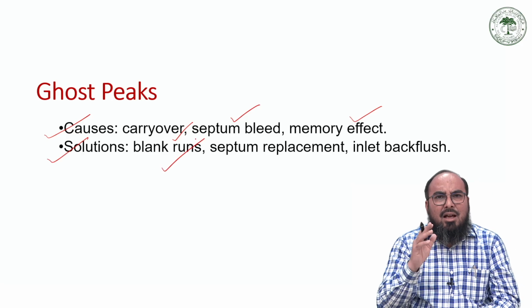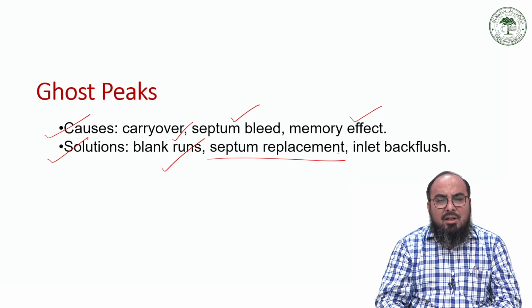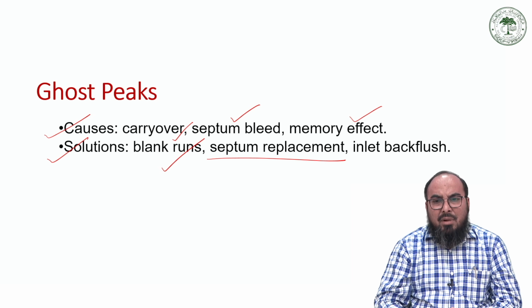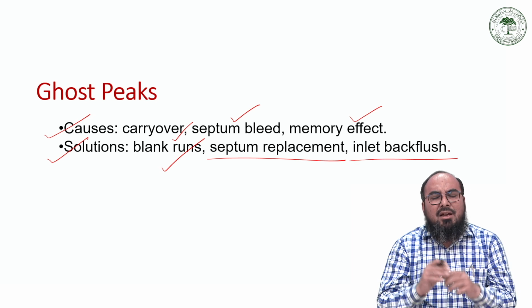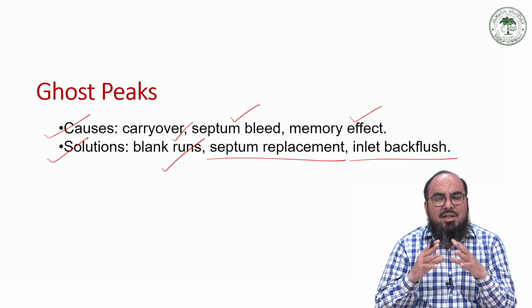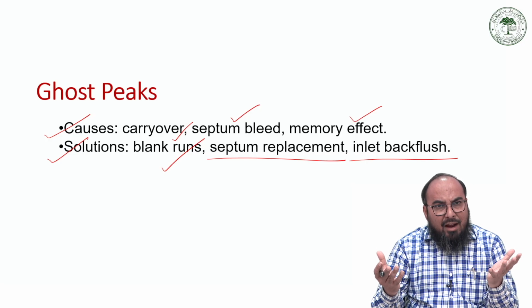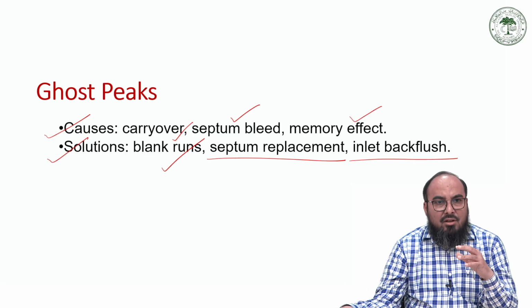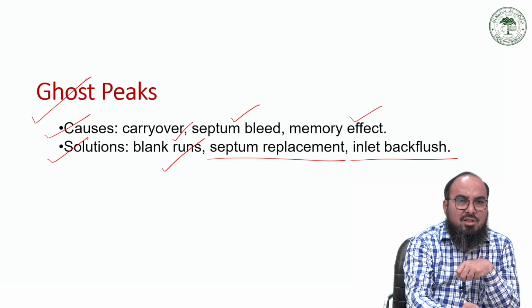Just run the carrier gas alone, one or two runs. Similarly, you have to replace the septum on a regular basis. Similarly, by back flushing the inlet, just like degassing, you have to back flush the inlet. So these are the issues of ghost peaks and these are the solutions for ghost peaks.